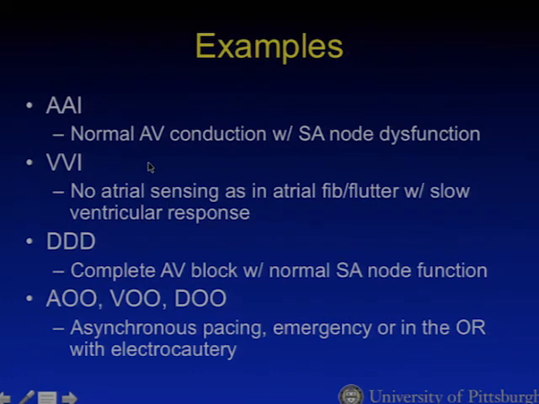An example would be a patient who has sick sinus syndrome and intact AV nodal conduction, such that the atrium is paced, the atrium is inhibited in the case of a normal sinus beat, and VVI, indicating, for instance, a patient who has atrial fib or flutter with an inadequate ventricular response, such that the ventricle is paced but inhibited in response to sensing a native QRS complex.